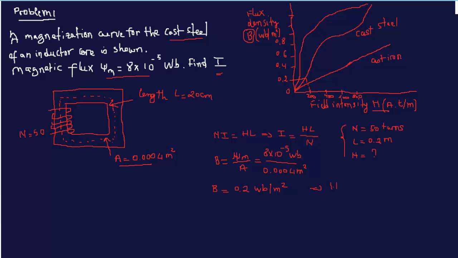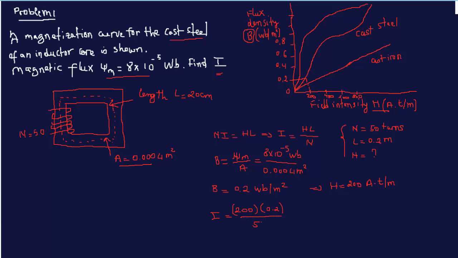Okay, so now we have everything that we need in order to find I, the current. All we need to do is plug back in everything that we know, and calculate I. This one is pretty straightforward.